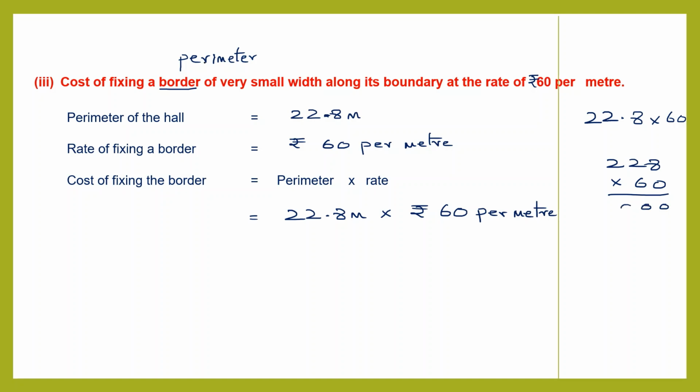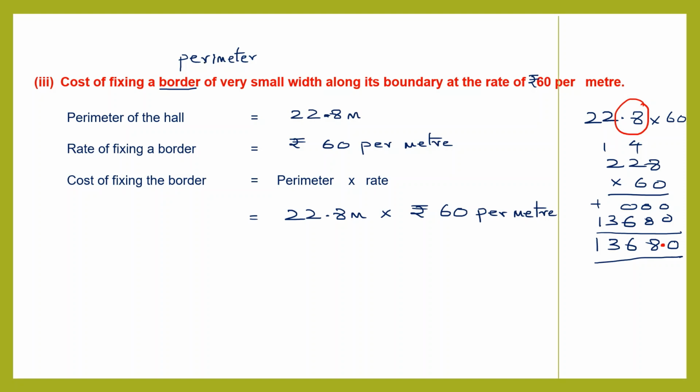So let's multiply. 6 8s are 48, carry 4. 6 2s are 12, 13, 14, 15, 16, carry 1. 6 2s are 12 plus 1, 13. Now let's add this up: 0, 8, 6, 3 and 1. Now let's go back to the question. In the question there is one decimal place. Our answer also should have one decimal place.